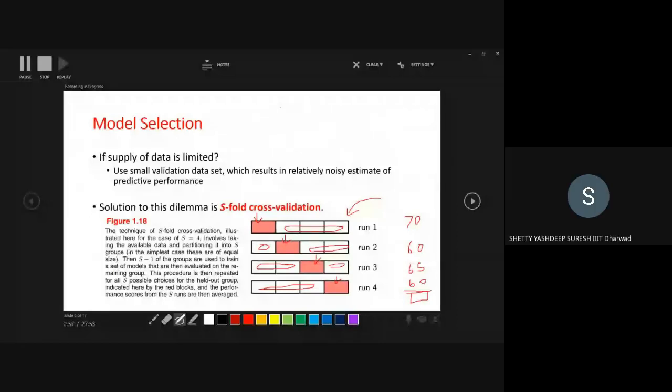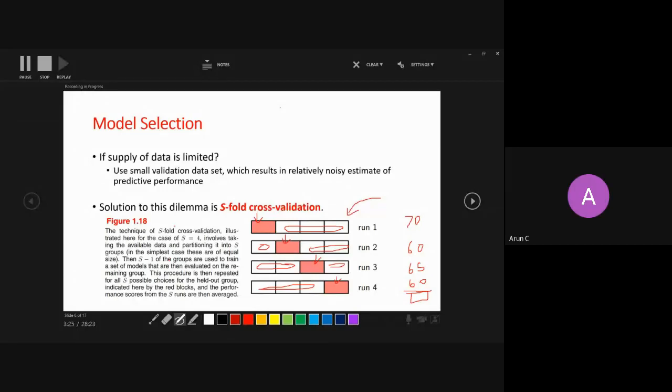So for a particular subset, the data should be more, right? Like if we just have 10 sample points and we are trying to divide it in 3 subsets, right?